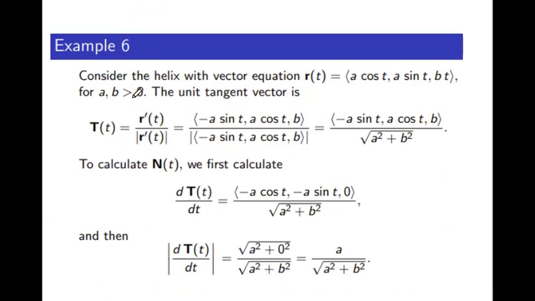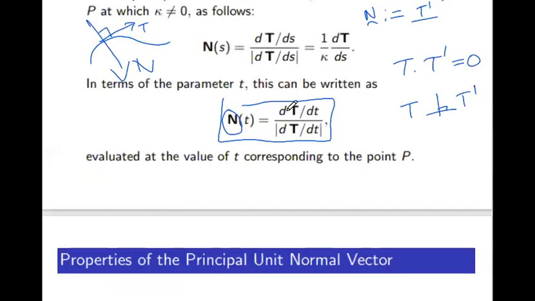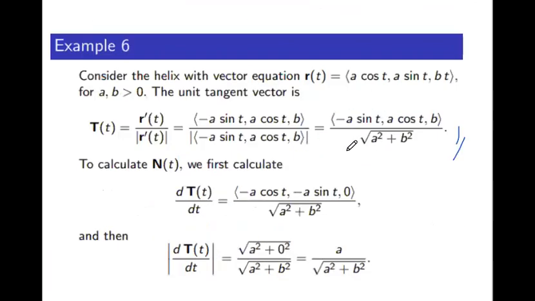To find the unit tangent, you calculate the first derivative divided by its magnitude, which we computed. To find the unit normal, differentiate the unit tangent and take the magnitude, which is a over the square root of this thing.